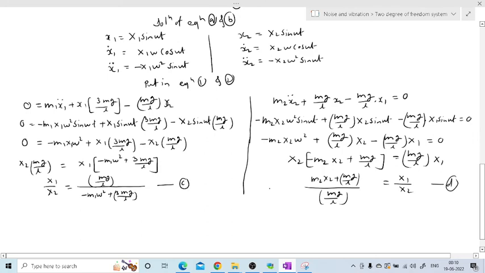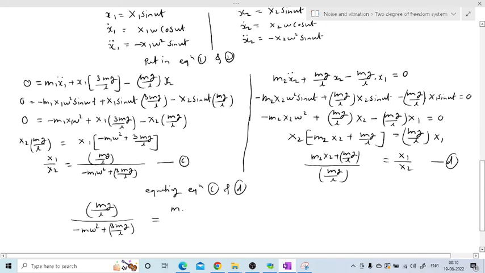See, here instead of m1 I have written m, because m1 is equal to m2 is equal to m. Similarly, I'll put here, instead of m2 I am going to put m.